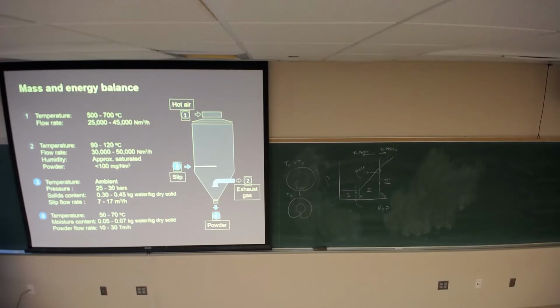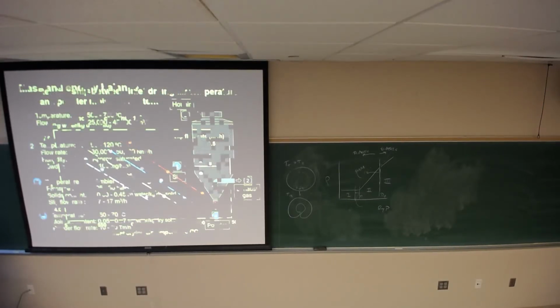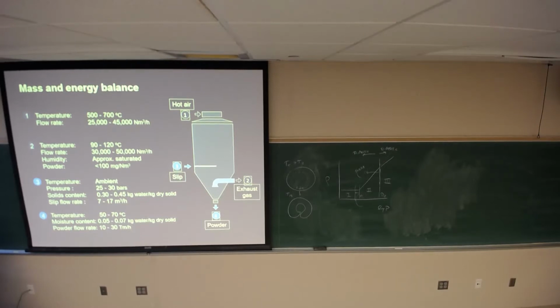So what they do is they figure this out. This is a unique experiment because this was done in an industrial spray dryer. So, let's go back here. They're talking about powder flow rate coming out, 10 to 30 metric tons per hour.